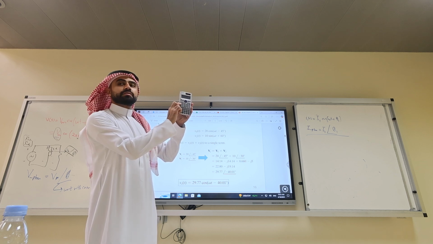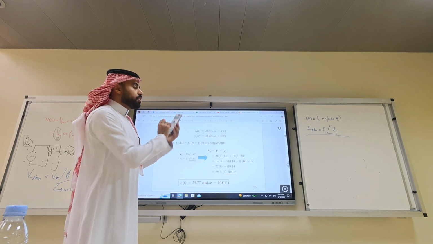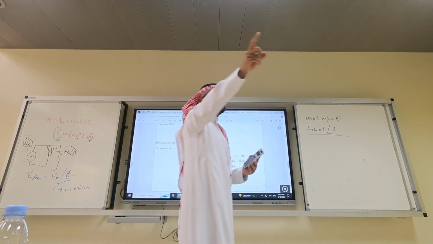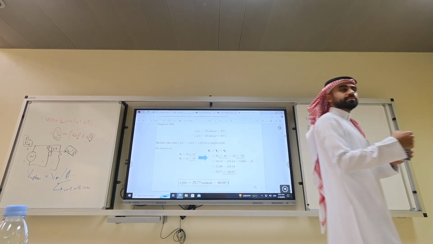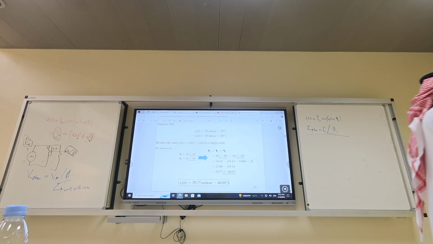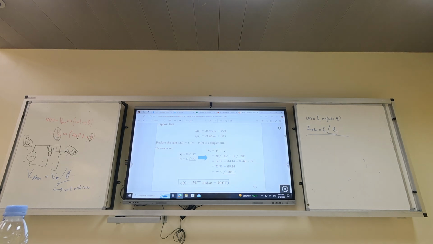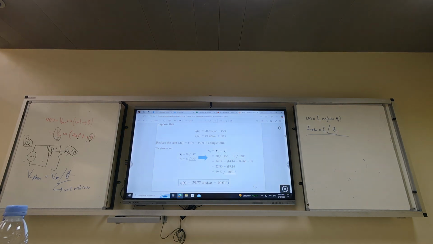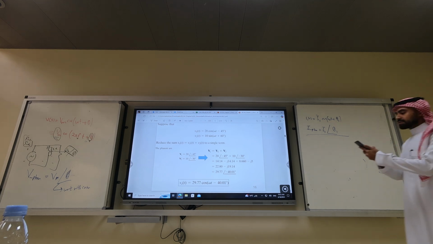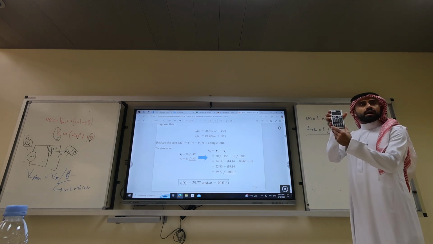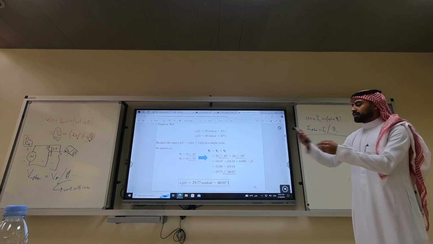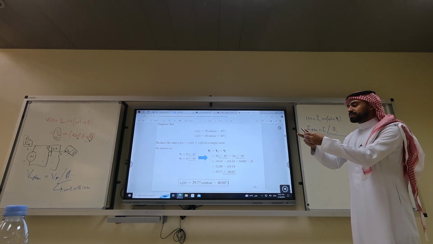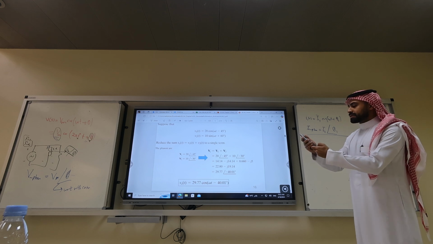Do you see it? Put the phasor angle. Are your angles in degrees or radians? Check that it is degrees. Let's do this exercise. Put 20 angle minus 45, and then add to it 10 shift angle minus 30.